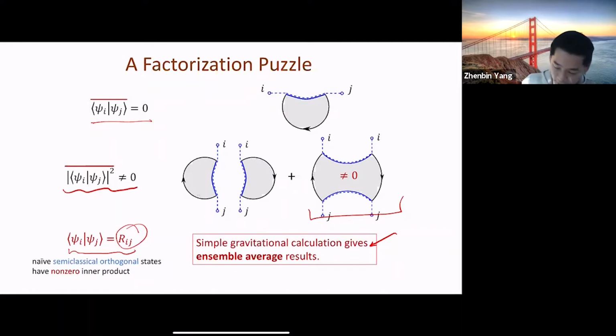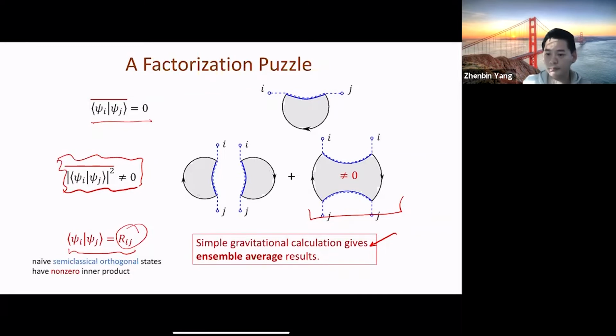But the key lesson here I want to say is that this gravitational path integral does give us a strong prediction. It predicts that naive semi-classical orthogonal states actually have non-zero inner product. And using the gravitational path integral, we get some information about this inner product. Any question?